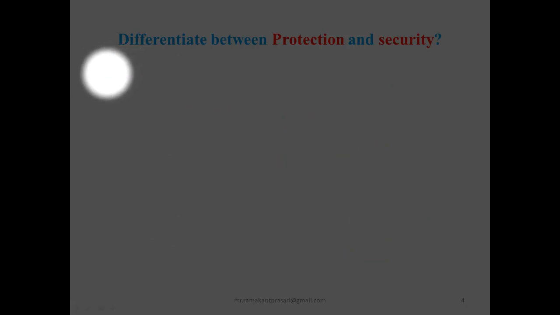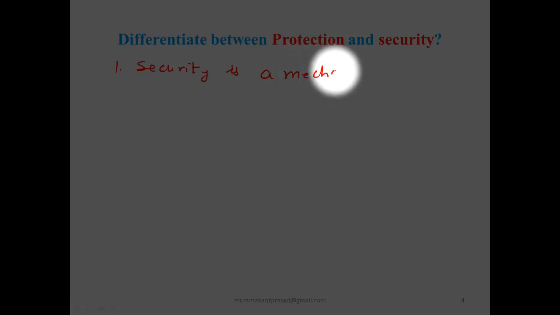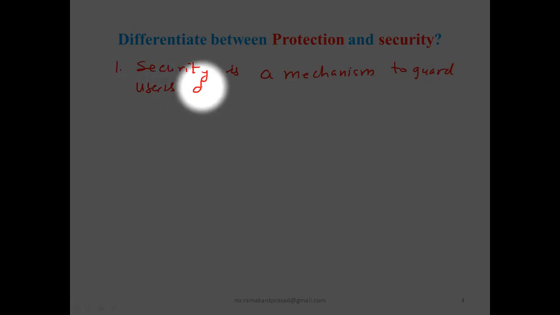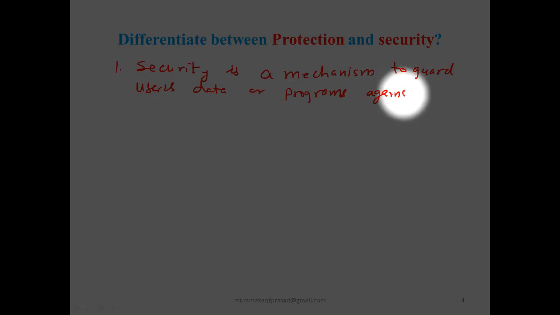First point: security is a mechanism to guard users' data or programs against external interferences. Here the word external is important.